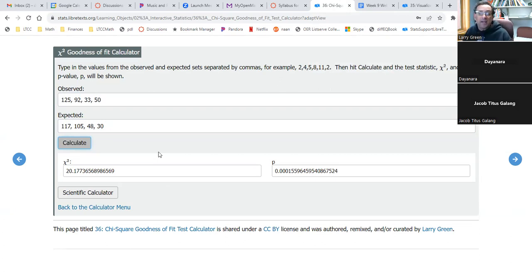And take a look. Okay, this again is read chi-squared. It's spelled C-H-I, but it's still pronounced chi. Chi-squared is around 20.2. The p-value is 0.000, maybe 16.